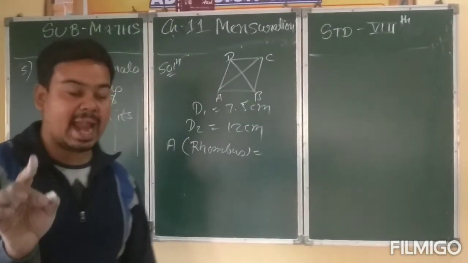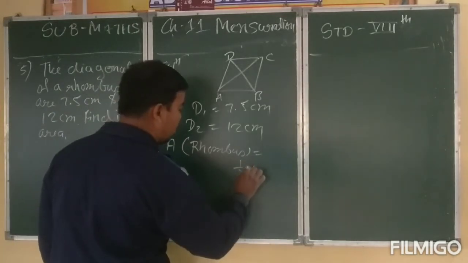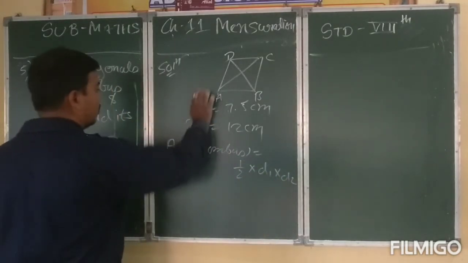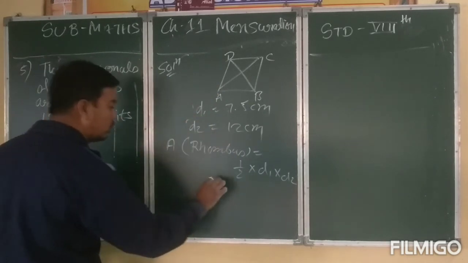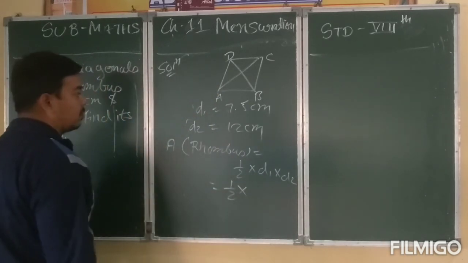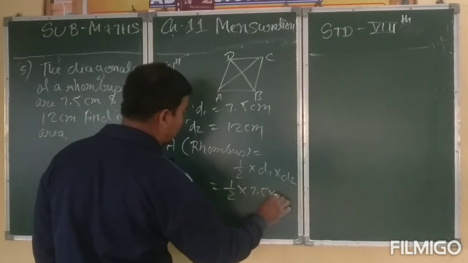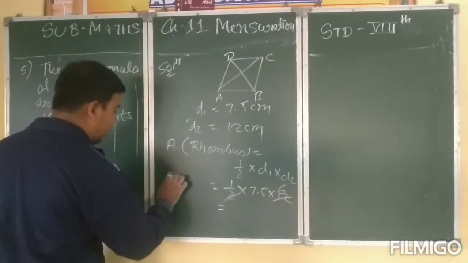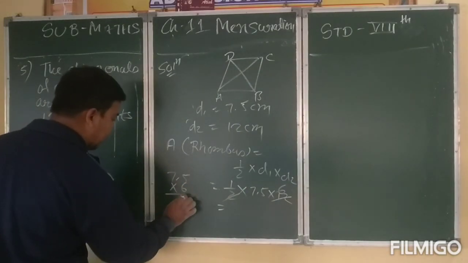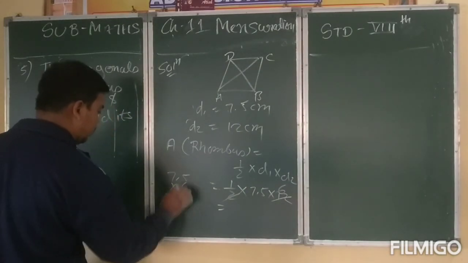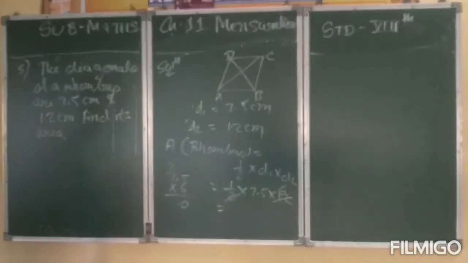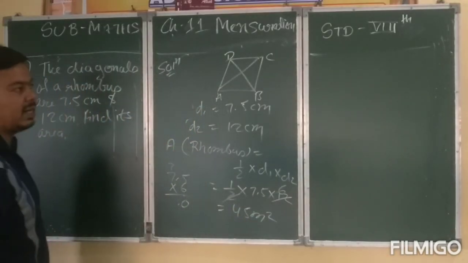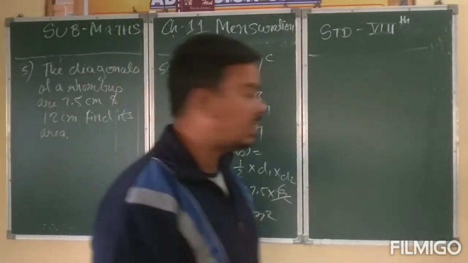One is base into height, and the second is half into product of diagonals, diagonal 1 and diagonal 2. Half, diagonal 1 is 7.5, diagonal 2 is 12. Half of 12 is 6. 7.5 multiplied by 6: 6 5 30, 6 7 is 42, 42 plus 3 is 45. 45 centimeter square. Okay, this is the area of the rhombus.